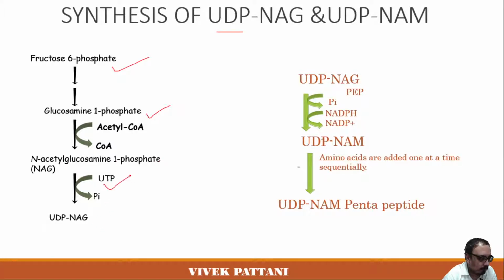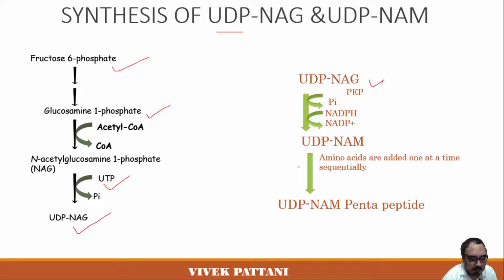Finally, with the help of UTP, phosphate is released and UDP-NAG is formed. This is a short overview of the formation of UDP-NAG, which is uridyl diphosphate N-acetylglucosamine.